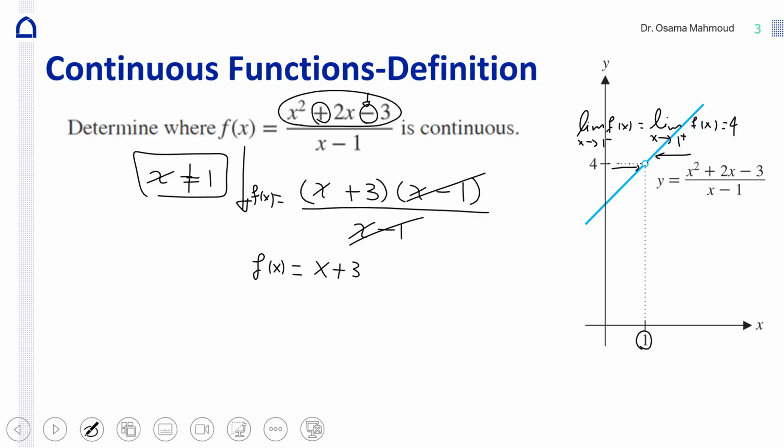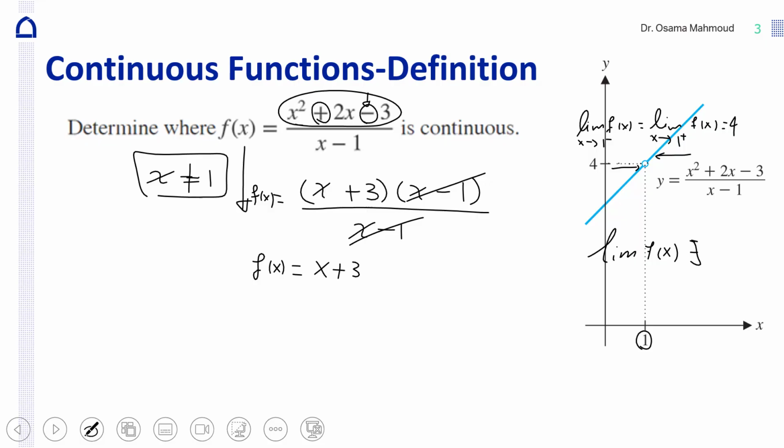But we are still missing the other condition. So the limit exists. We write exists like this, and the value is 4.